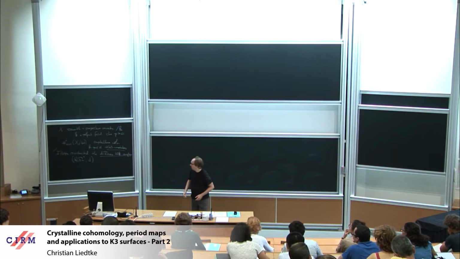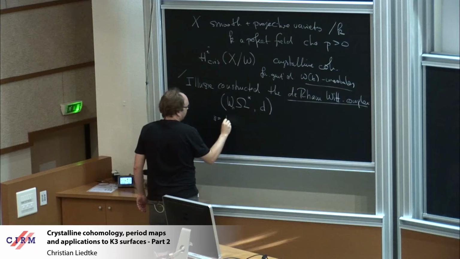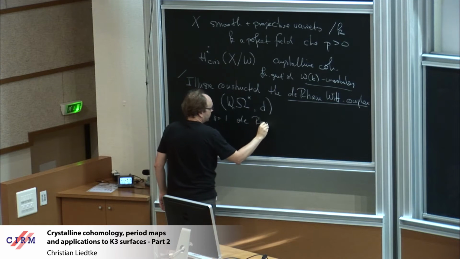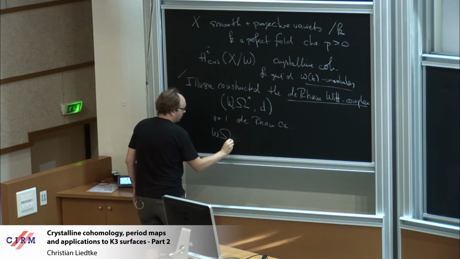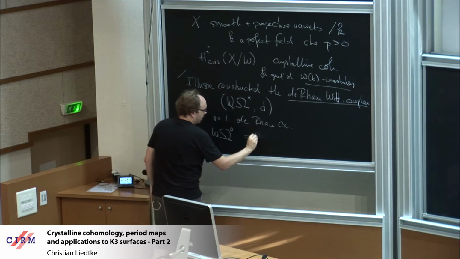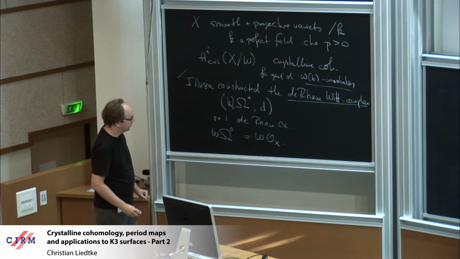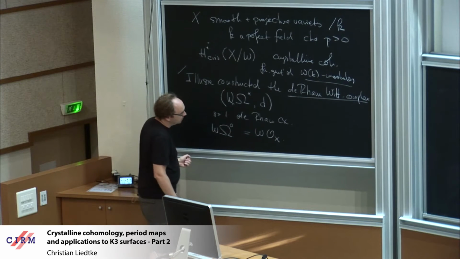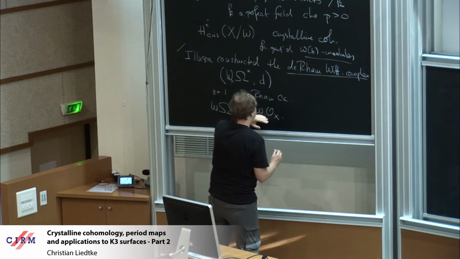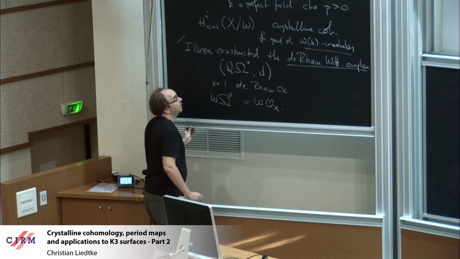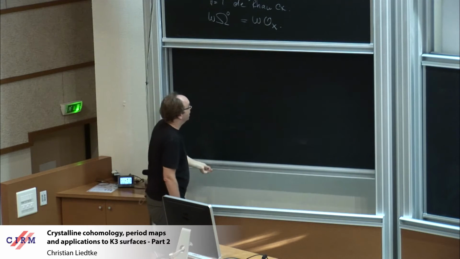And somehow, so for n equals 1, this is the de Rham complex. And we have that W Omega^0 is really W O_X, which we've seen already in the talks yesterday in the afternoon. So here the cohomology is, so this is Witt vector cohomology. This leads to these H^i W Omega^j.